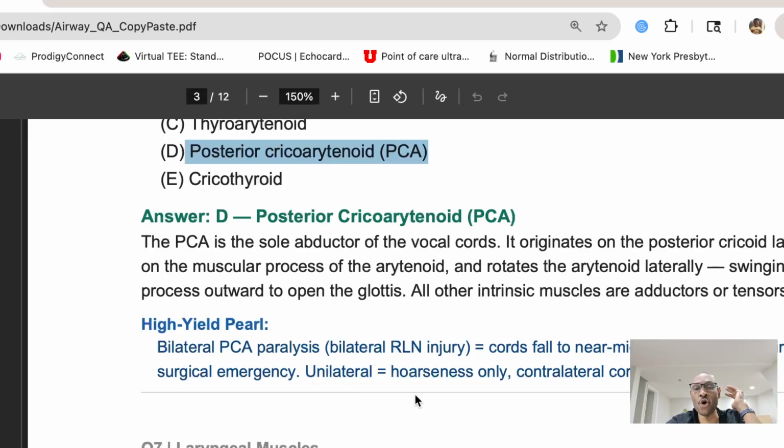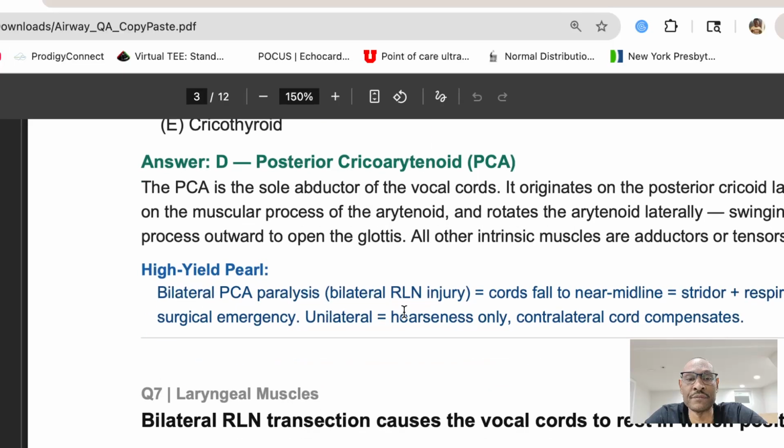Unilateral leads to hoarseness only. Why? Because the contralateral cord is going to compensate. If you only have this one muscle doing this particular task, understand why its failure has no backup. A unilateral recurrent laryngeal nerve injury will only give you hoarseness, but the contralateral muscles are going to pick up to protect the airway. The body is always trying to protect itself.